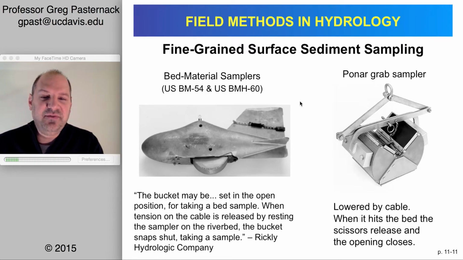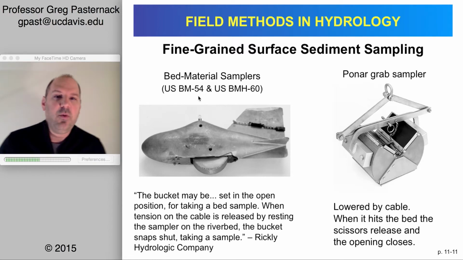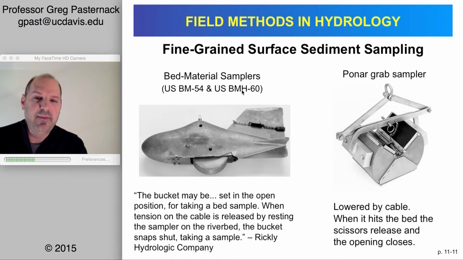A little bit more sophisticated approach are these bed material samplers. BM is for bed material. The number is the year that it was invented, so 1954, 1960. The 54 one is a really big one intended to be used off cables. BMH is like handheld. It's on a stick. It's still really heavy, but it's a little bit more manageable.